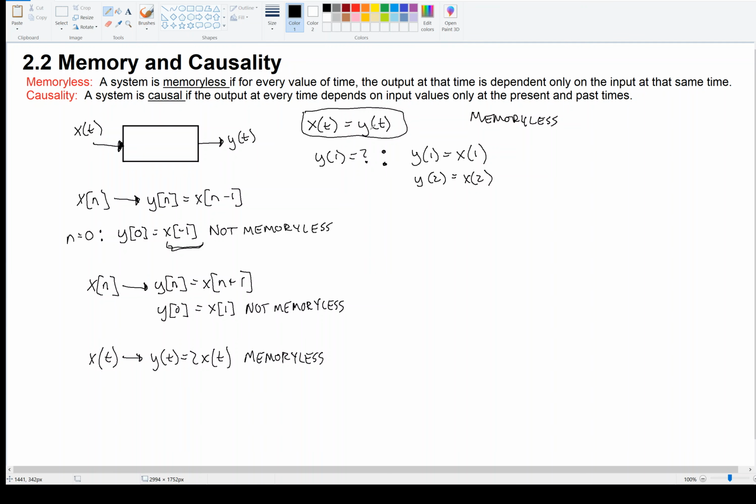Does the output depend only on the current input or past inputs? Yes, it depends on the current input. So that's fine. It has to depend on the present or the past, but not the future. So this is memoryless and causal.